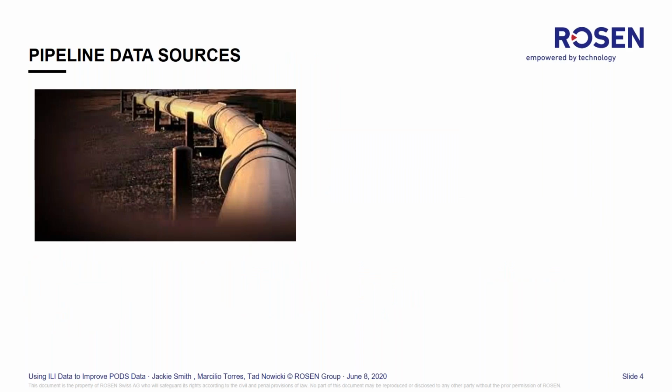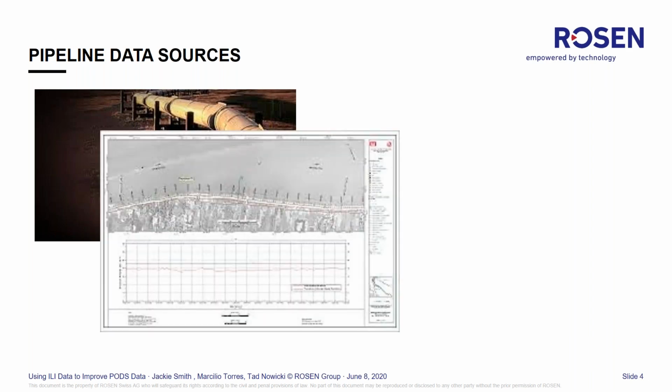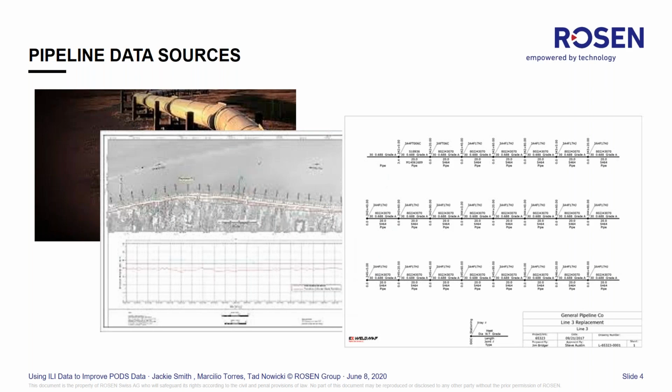So what are some pipeline data sources? Pipeline data and information can come from a variety of sources. Most would say that as-built or weld maps are the most traceable, verifiable, or complete. This TVC topic was explained well last week by Petro IT. Those records have to be made before the pipeline is buried.